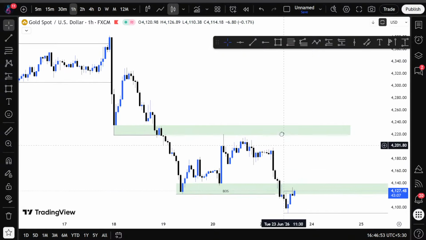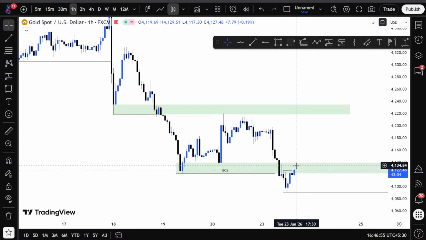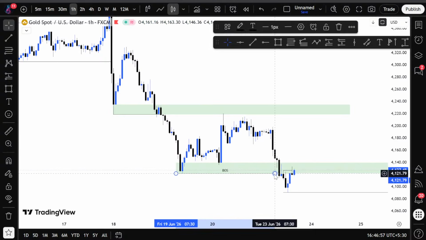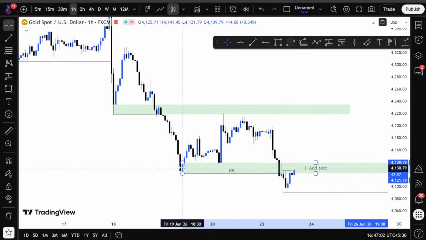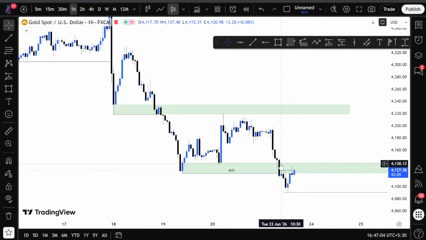But when we have already tested that area and price is testing that area for the second time, most of the time we need a sweep of the first test area. So this is our first test.